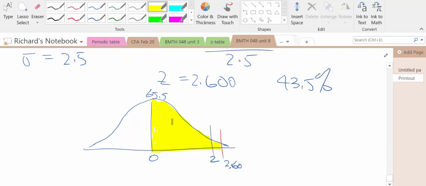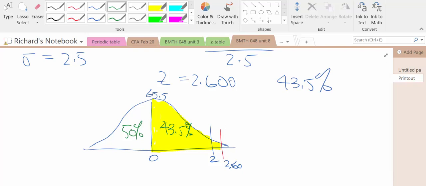Well, that's interesting, but we want to find out what percentage she is taller than the American female population in this age group. Well, it turns out that this value is 43.5% of the female population. It also turns out that exactly 50% of the female population is below the mean. Doesn't matter how many standard deviations you go below the mean, it's 50%.